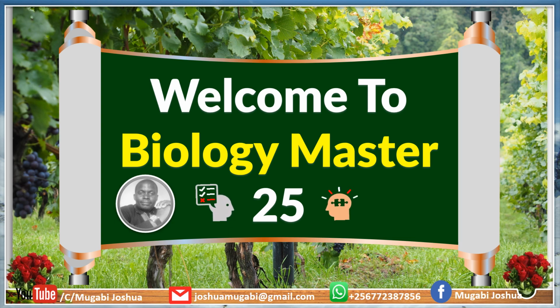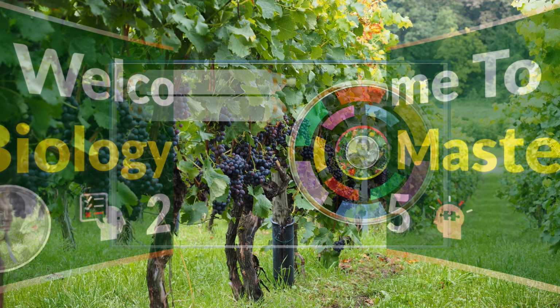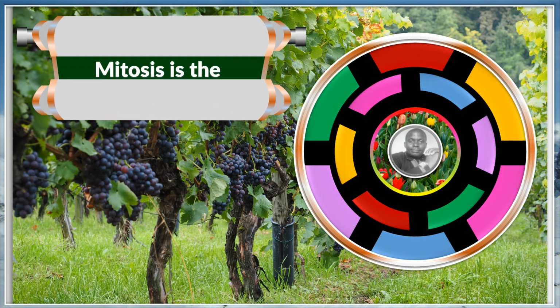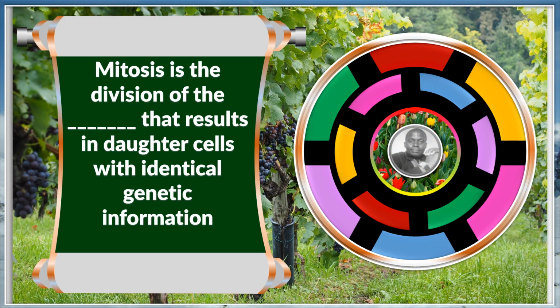Let's straight away go to our quiz. Mitosis is the division of the dash that results in daughter cells with identical genetic information.